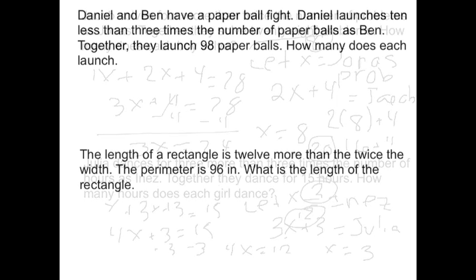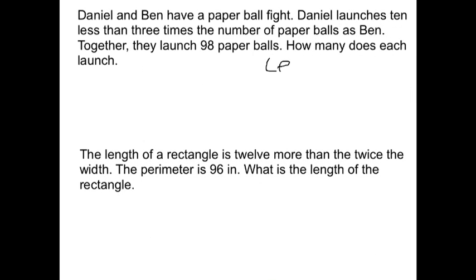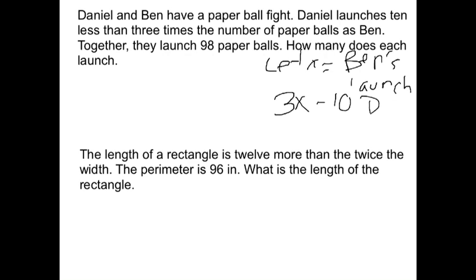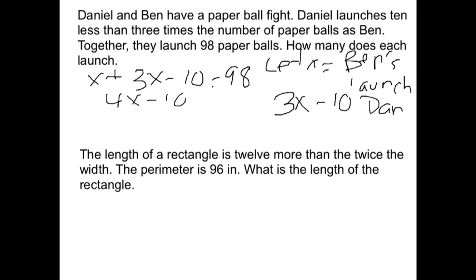So we know paper balls is Ben. Let x equal Ben's launches. Daniel's launches are 3x minus 10. So together, Ben plus Daniel equals 98. 4x minus 10 equals 98. 4x equals 108.